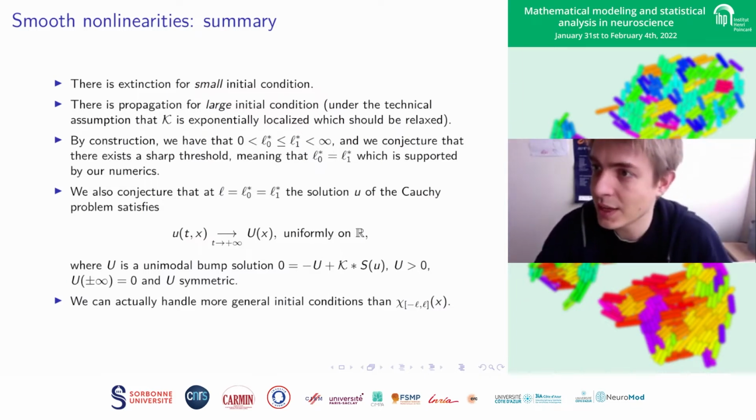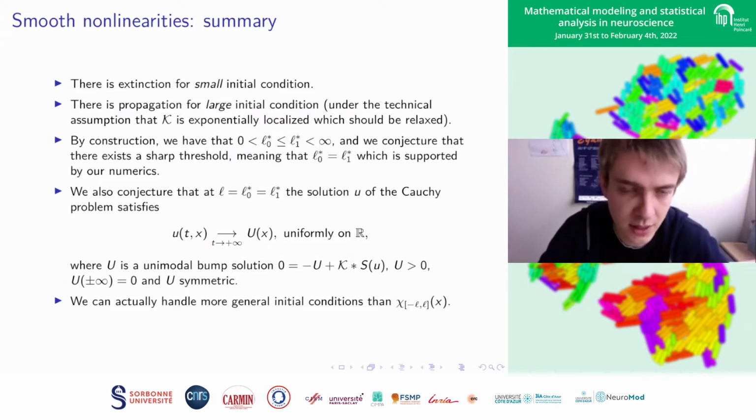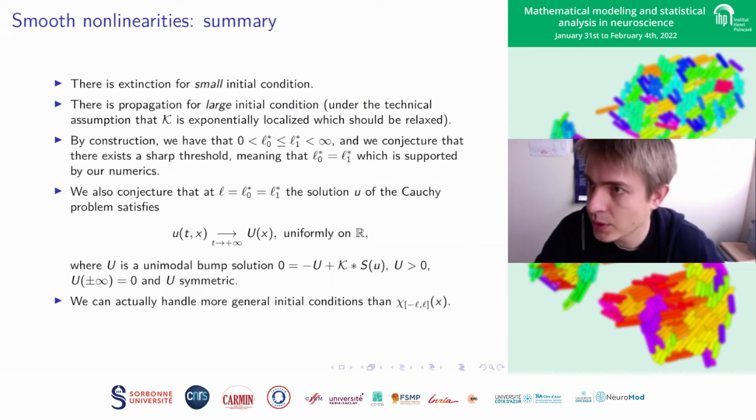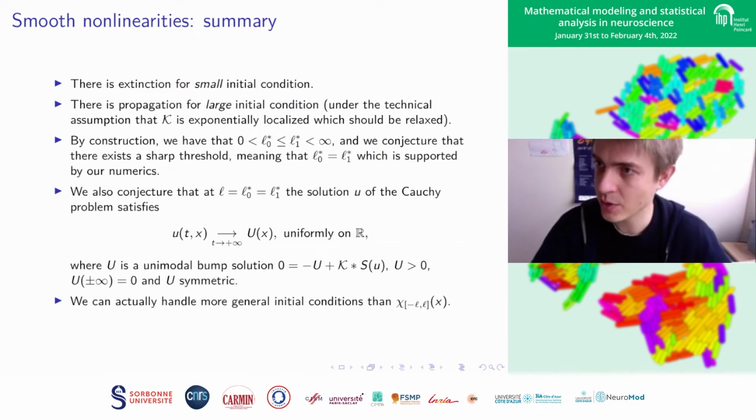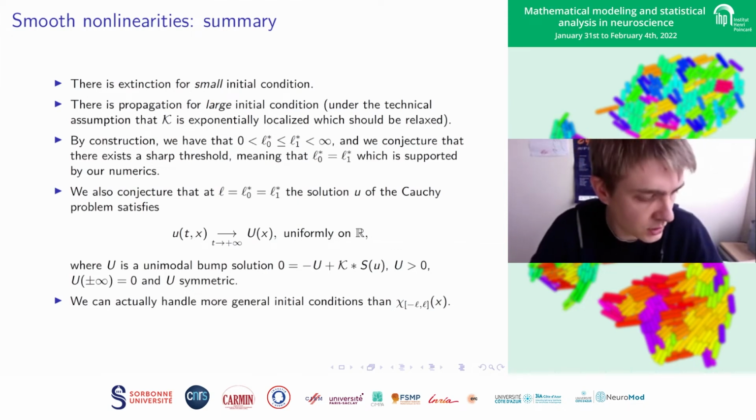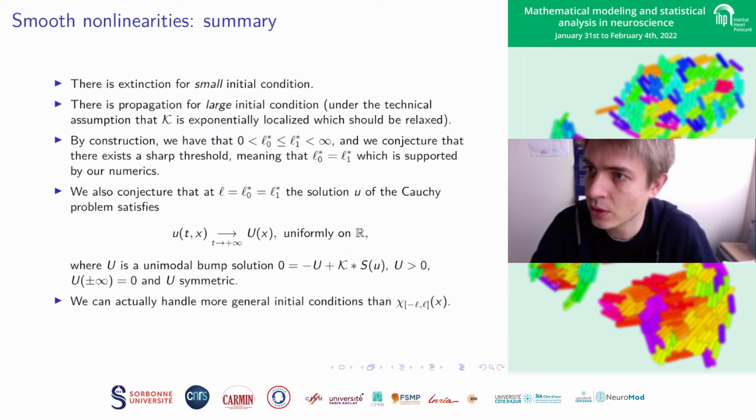This is what I get in my numerics, but at the moment I'm not yet proving the equality. It's very tricky, just because most of the arguments that I know from either Zlatos or Du and Matano rely on techniques that do not pass when you get non-local terms into the equation.